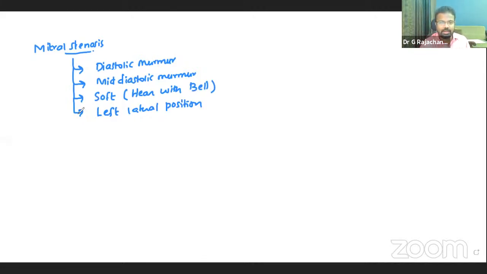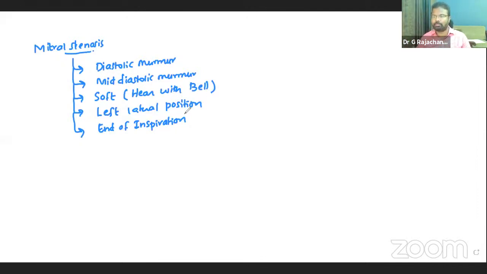And because it is a left-sided murmur, because mitral valve is a left-sided valve, here the murmur is audible better during expiration. That's why textbook says end of inspiration. Okay, the murmur is heard at the end of the inspiration. What is generally described, I will explain to you. Ask the patient to exhale the air and then hold the breath.